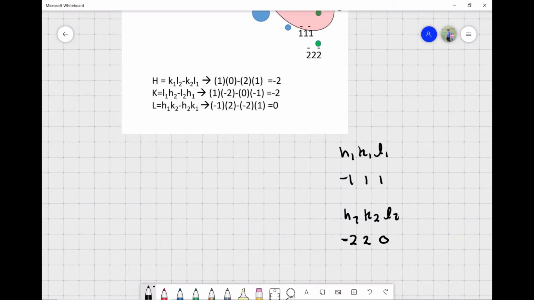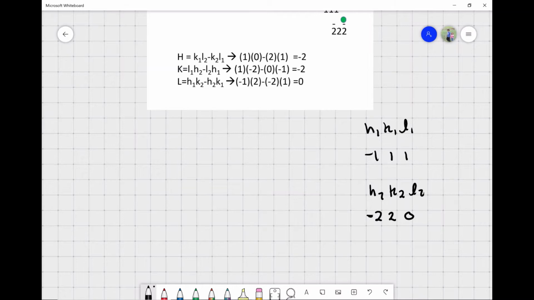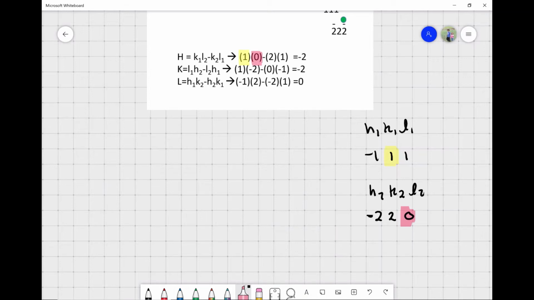And then you kind of just plug and chug. So I'm kind of trying to make this a little more clear than just the PowerPoint slide. So I kind of feel weird rewriting everything, but I'll quasi do it. And so K1 is 1. L2 is 0. And K2 is 2.